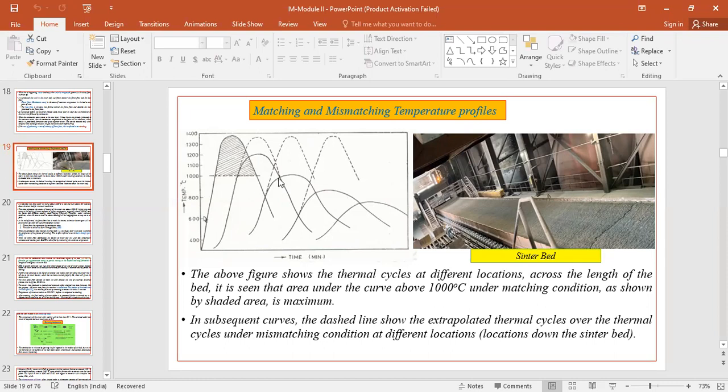The sinter produced in this case will have poor properties, and the productivity of this sinter bed will be hampered. When sintering is not taking place properly, this sinter mix will be recycled or reused as sinter returns.